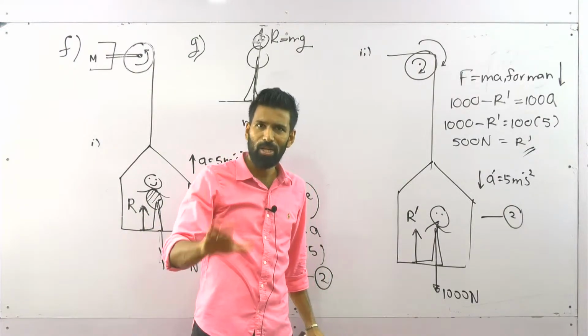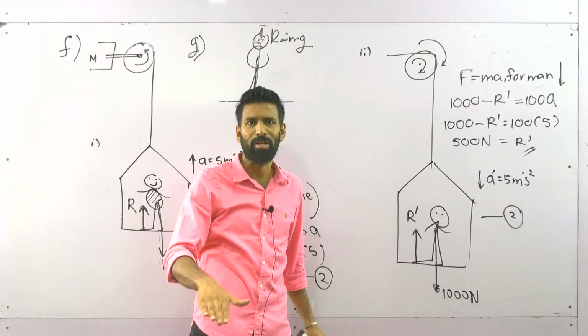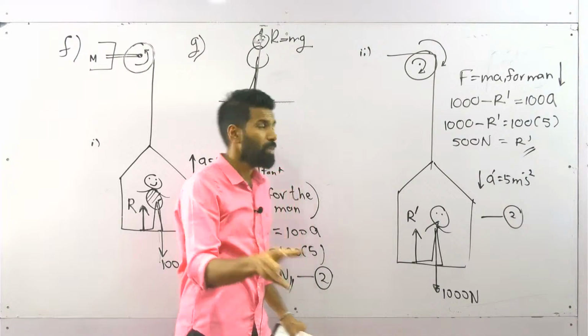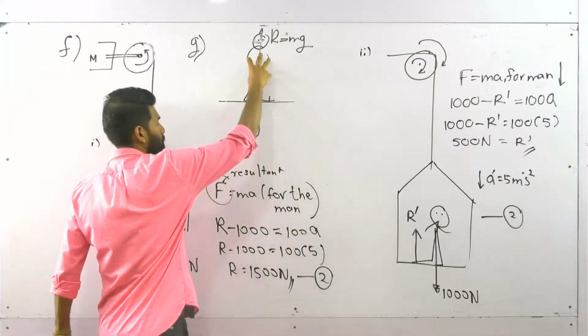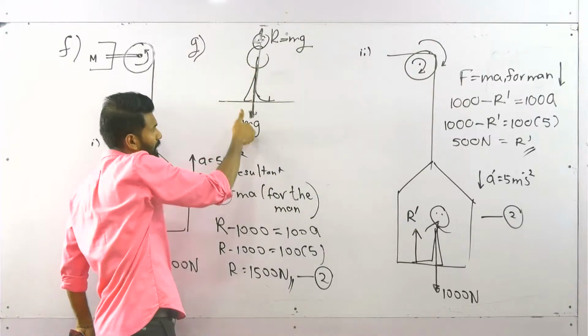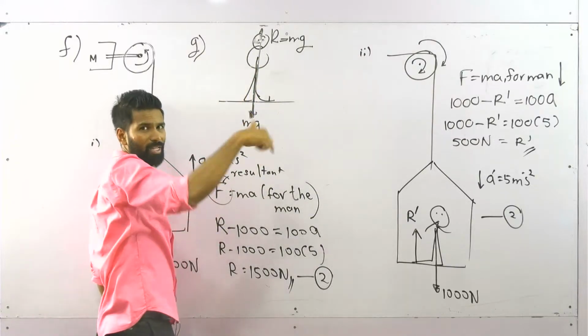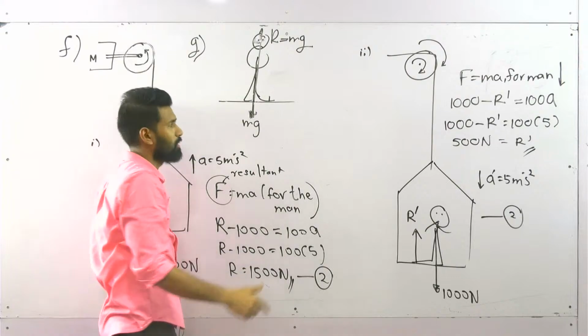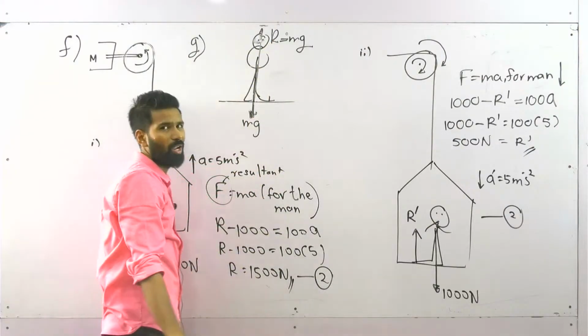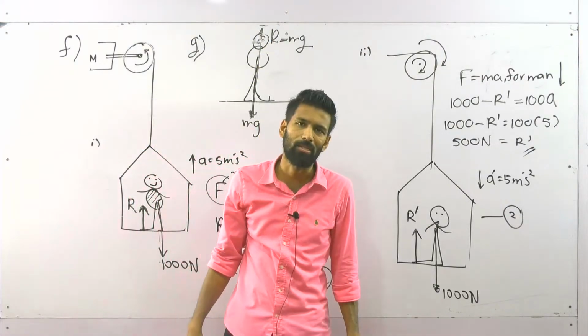But if we are stationary, and in most cases we are, to keep the body in a stationary position, the weight and R are equal. Why? The vertical forces should cancel out for the object to be in an equilibrium position. So R and mg are equal in value, even though they are opposite in direction.